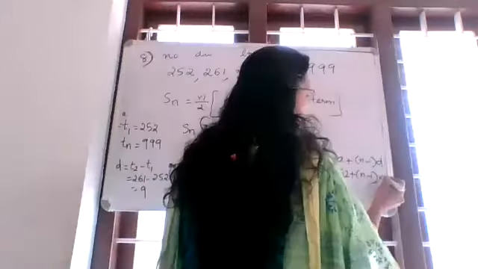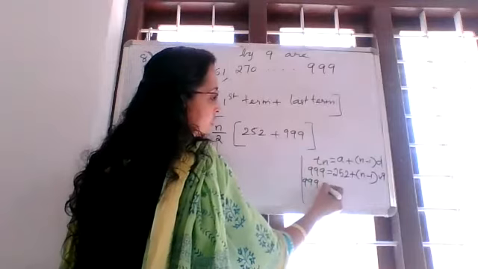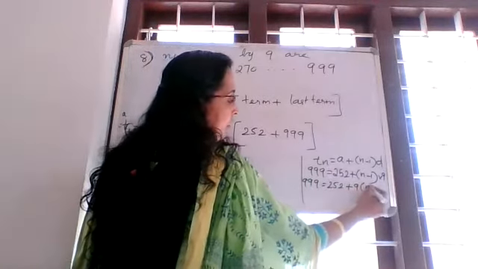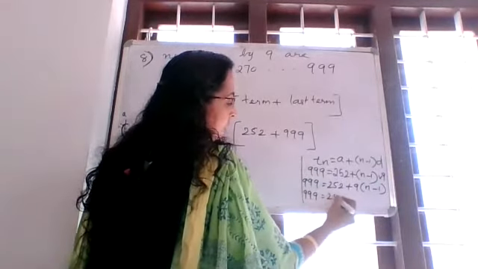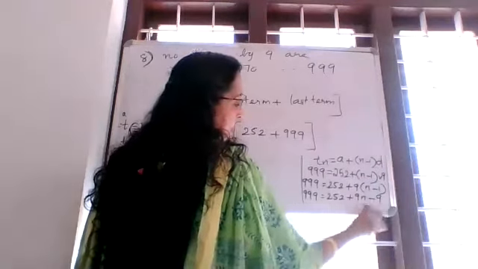So substitute the value 9 here. So 999 is equal to 252 plus 9, then open the bracket with 9. 999 is equal to 252 plus 9n minus 9.